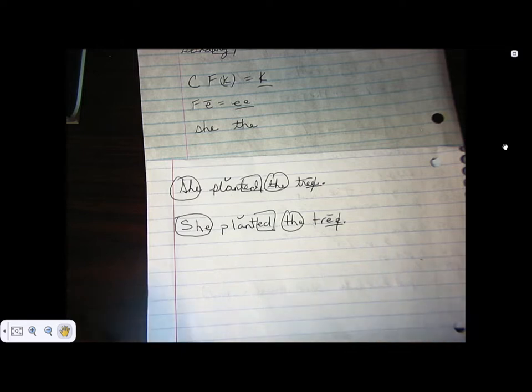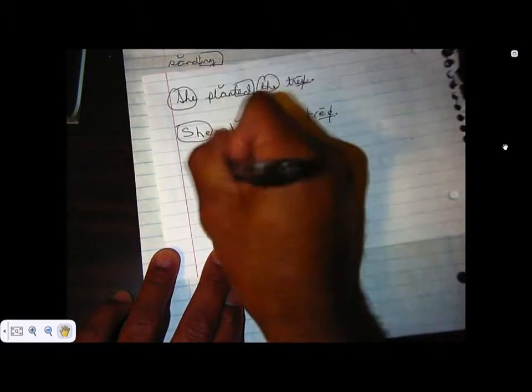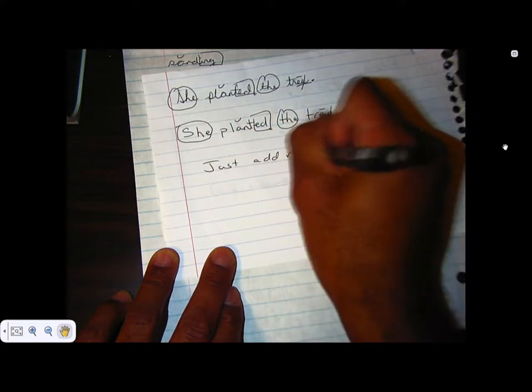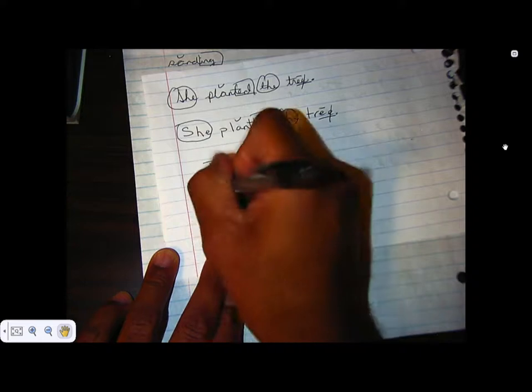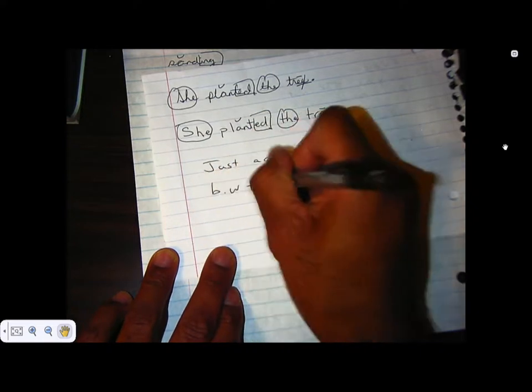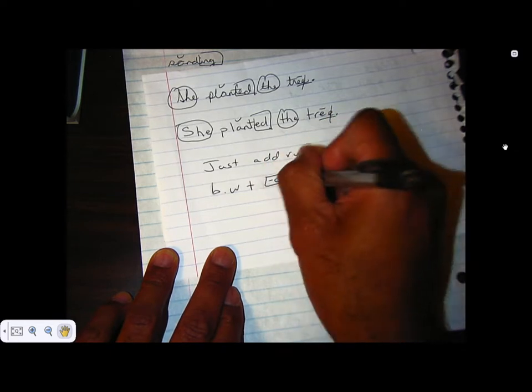Now, just as a reminder on your way out the door, let me make sure that I tell you about the just add rule that we looked at today. Okay? If you have a base word and we want to add a consonant suffix, we just add it.